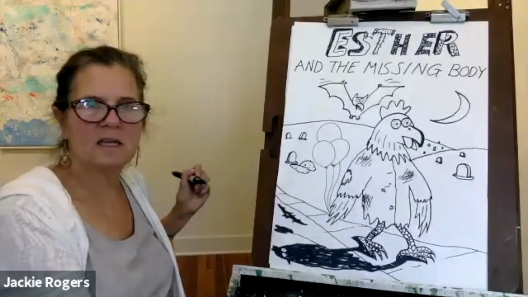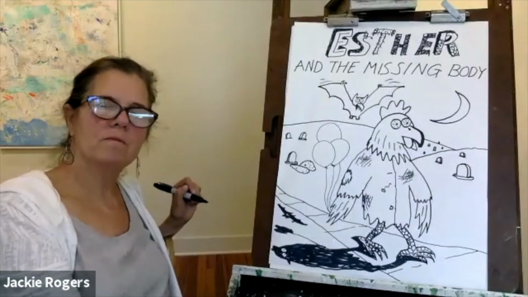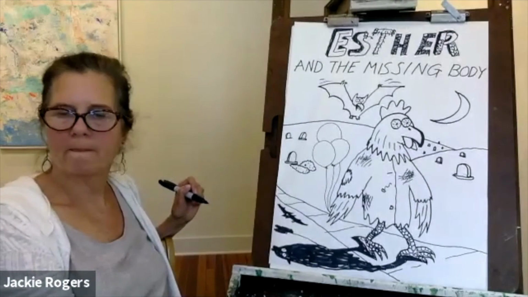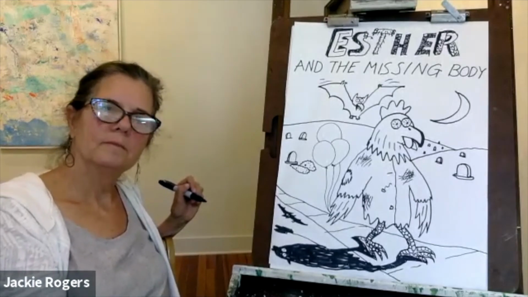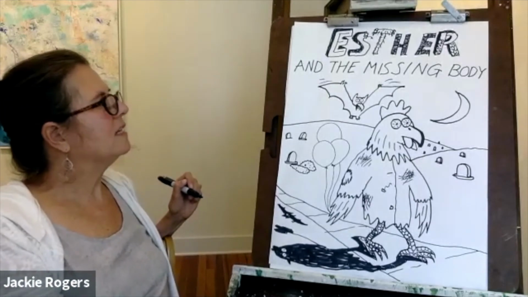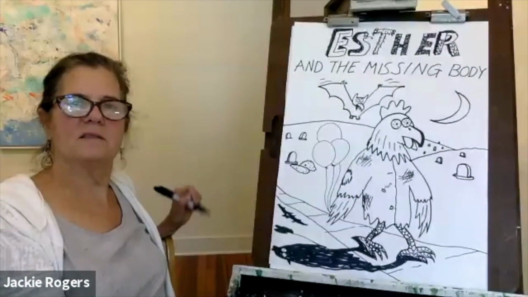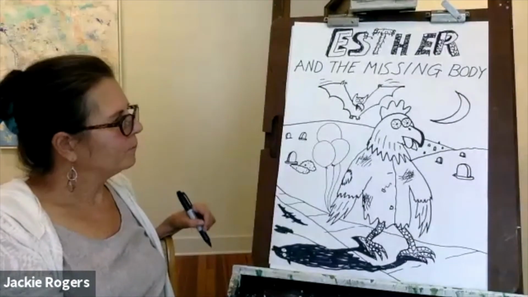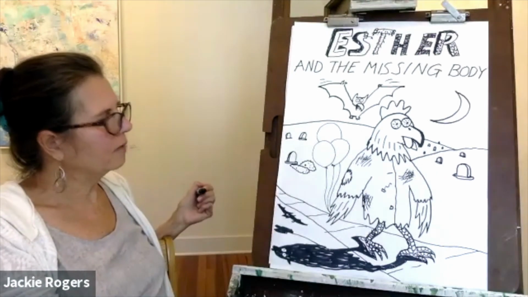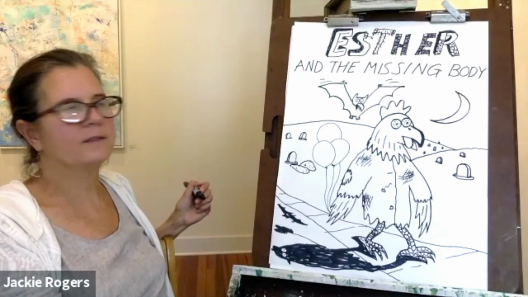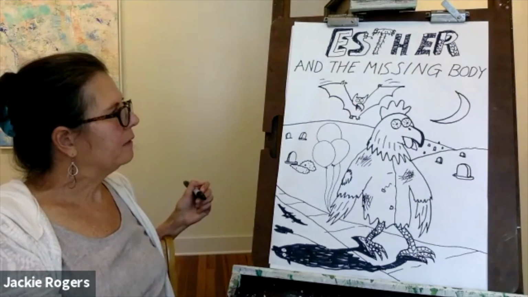Does anybody else have any ideas about their story? I love the missing body idea. So let's take this into the missing body idea. We've got Esther, a zombie chicken, walking around aimlessly in nowhere land in a cemetery.